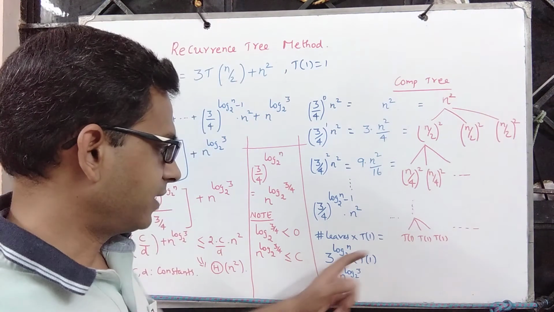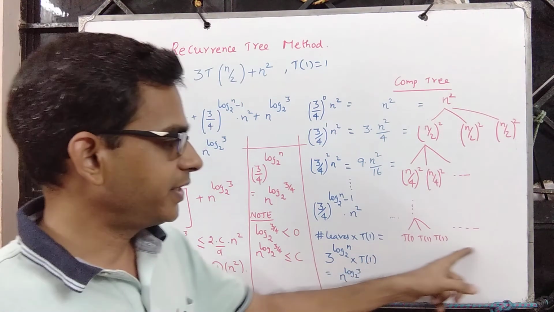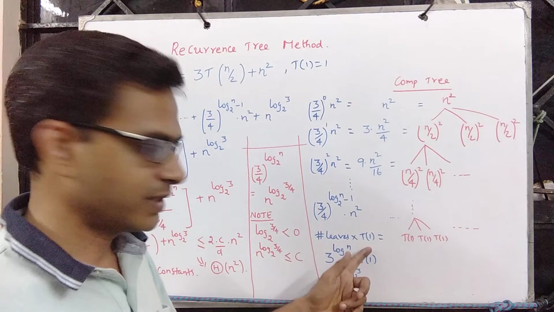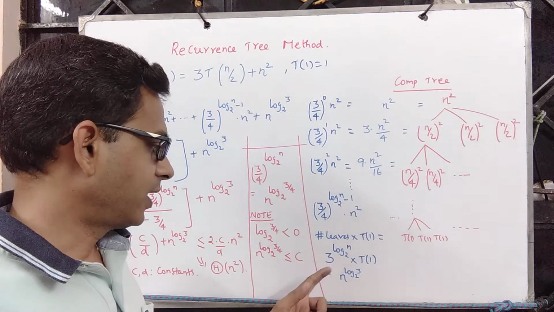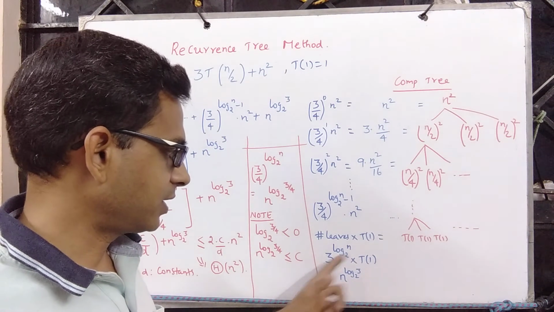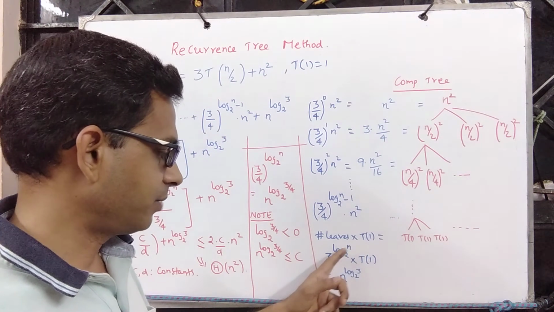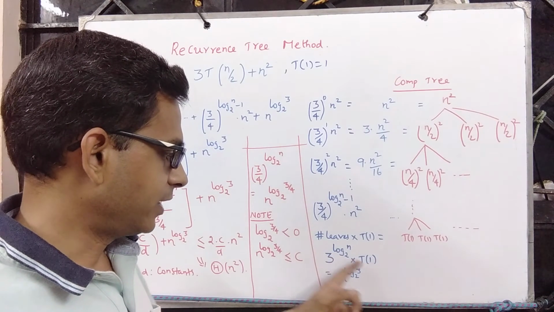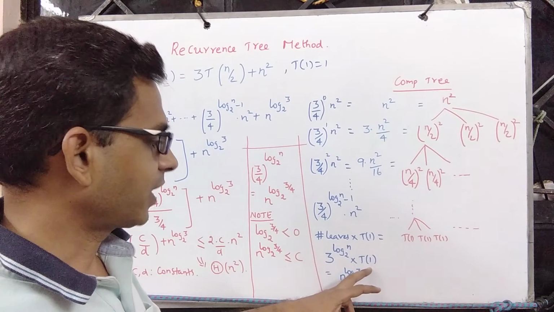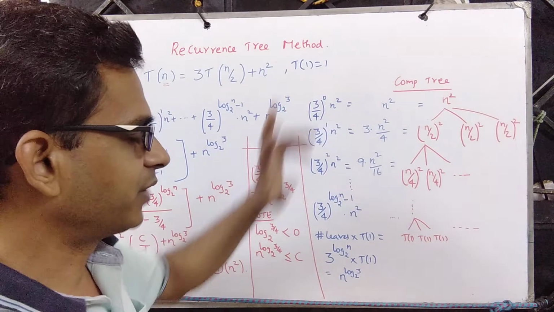At the last level, we need to count how many T of 1 subproblems there are. That's precisely the number of leaves times T of 1. As you can see, the number of leaves is 3 to the power k, where k is log n base 2, and so that can be rewritten as n power log 3 base 2, assuming T of 1 is 1.